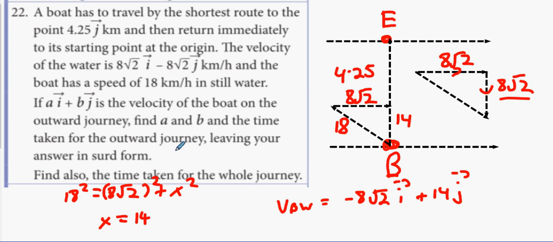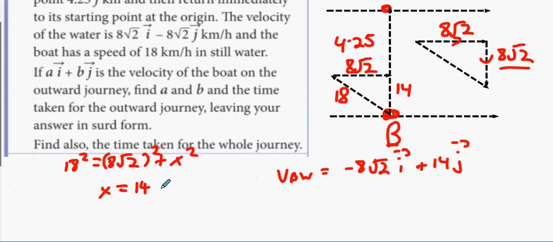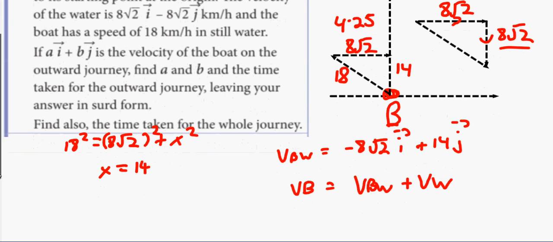Okay? So technically speaking, the velocity of the boat is, when you add both vectors together, the velocity of the boat in water plus the velocity of the water. And being really specific, you can do it like this.